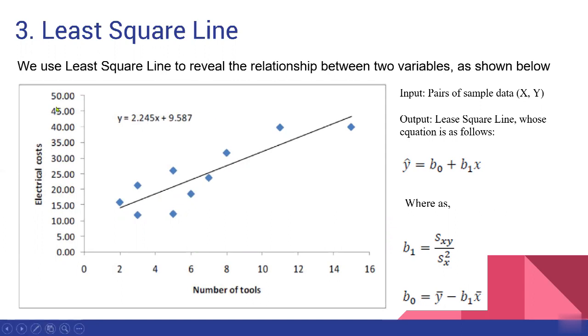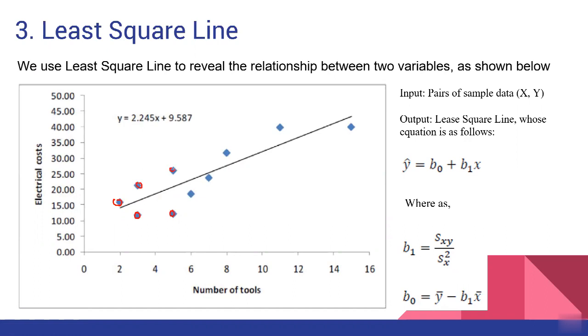If you have two variables x and y, first we can plot these data into coordinates, such that, for example, here we have these points plotted.